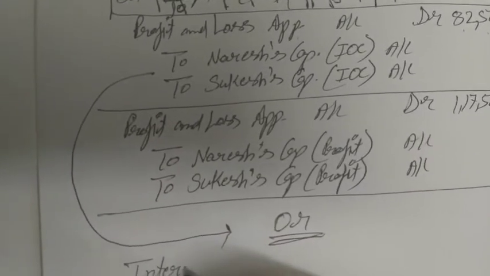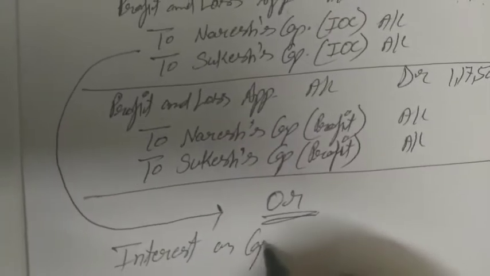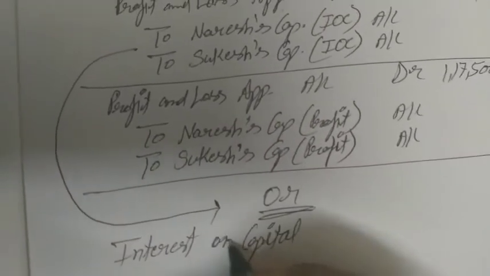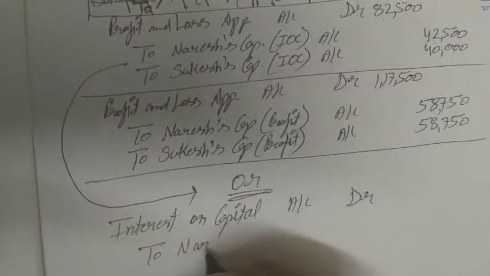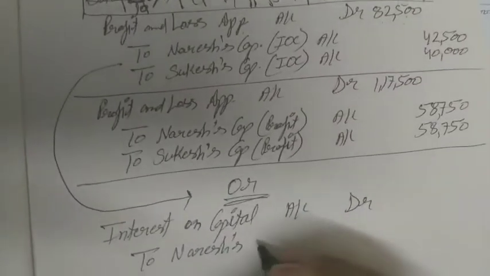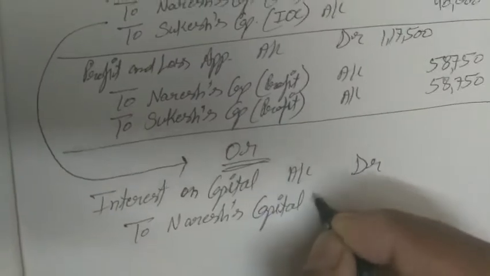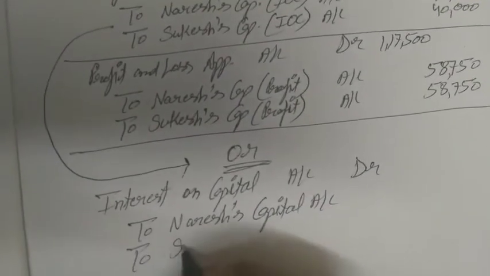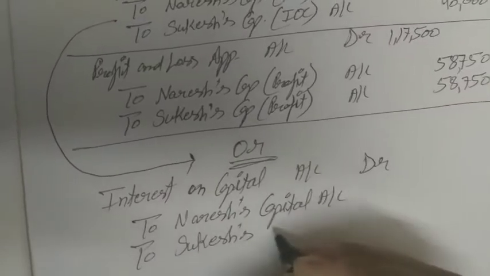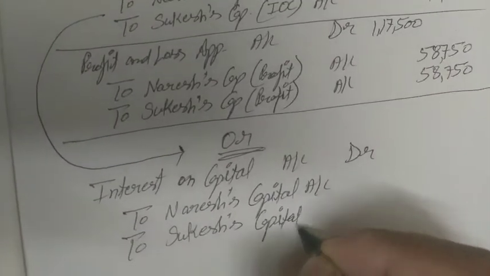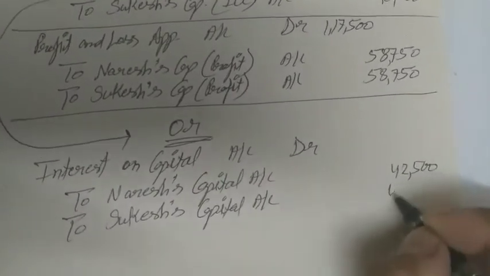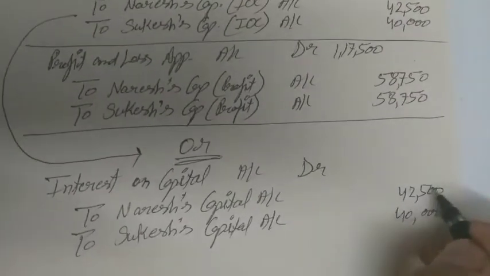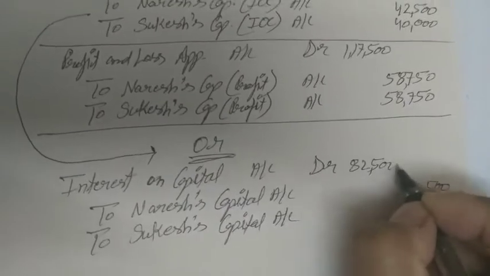Interest on capital account debit, and to Naresh capital account and to Sukesh capital account. 42,500 and 40,000, total 82,500.